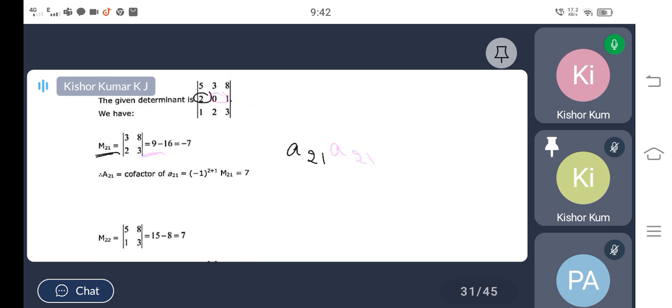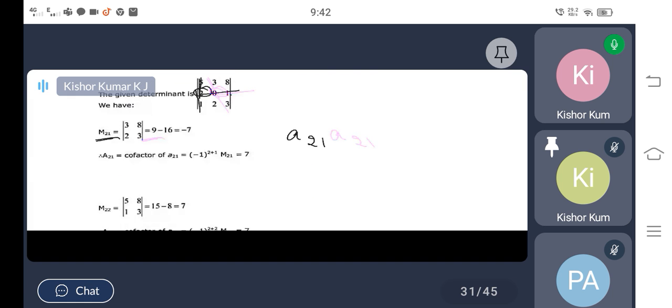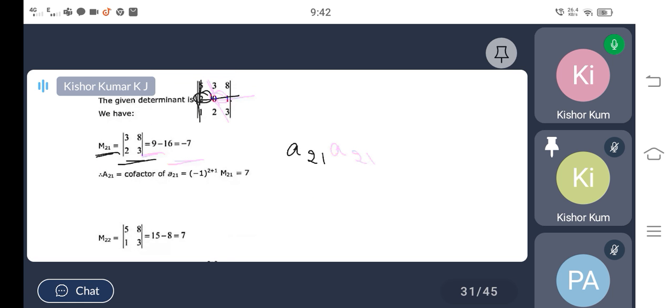This is M21. Delete the second row and first column. If you delete the second row and first column, you will get the remaining determinant as 3, 8, 2, 3. So now just evaluate this determinant. 3 into 3 is 9, minus 2 into 8, 16. 9 minus 16 is minus 7.